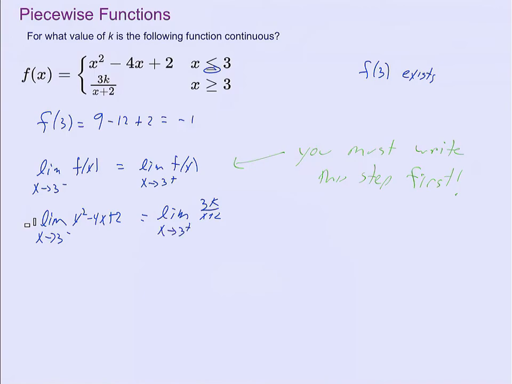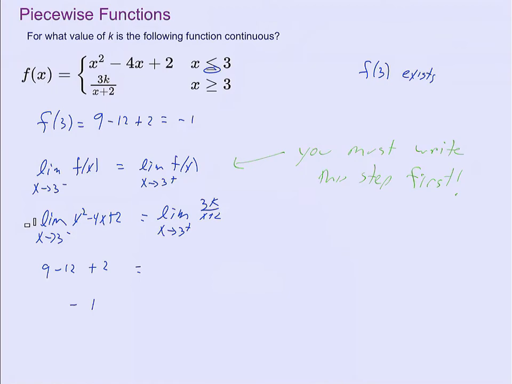To be honest, you can evaluate this step without actually writing down this one, but I think it's helpful to write it down. So the limit of x squared minus 4x plus 2 as x approaches 3 from the left is super easy. We'll just do direct substitution. 3 squared minus 12 plus 2. Here we've already done that. That's -1.